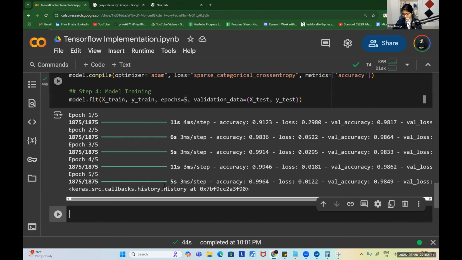Done? Now the final thing is to call the summary.